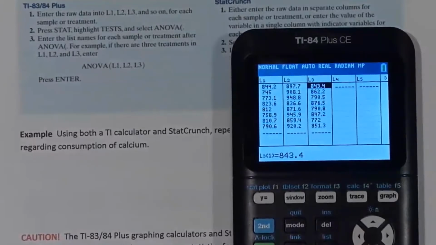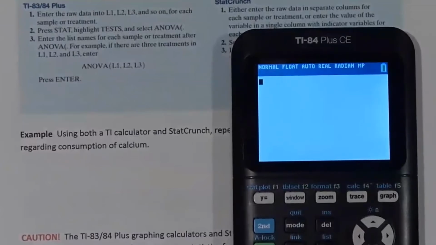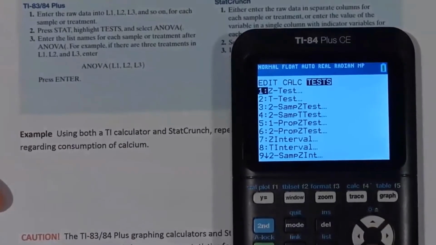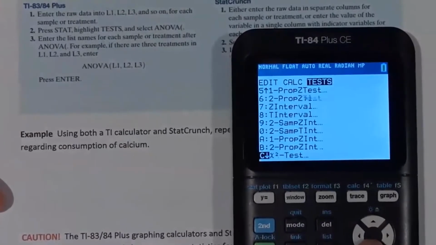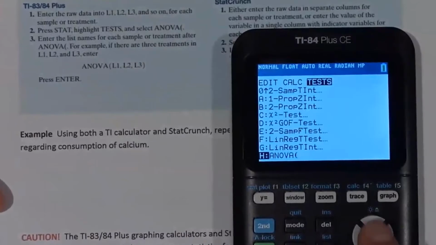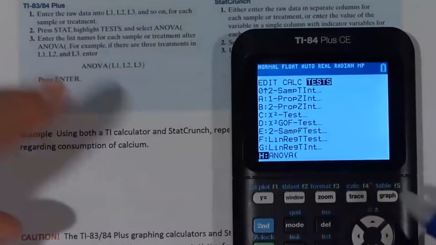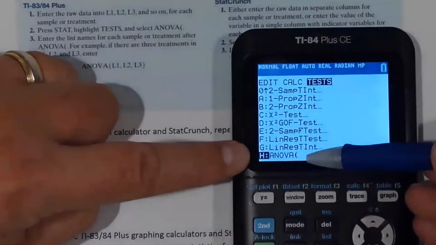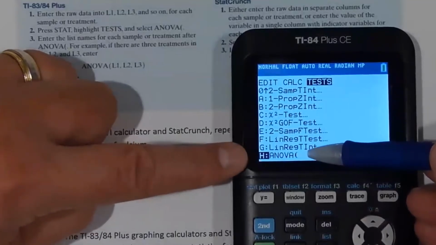So with those data in the lists of my calculator, I'm going to go back to the home screen. And if I want to conduct an ANOVA test, I'm going to go to Stat and Tests, and I'm going to scroll down to the bottom of this list. It's the very last one. On my calculator, it's option H, ANOVA.